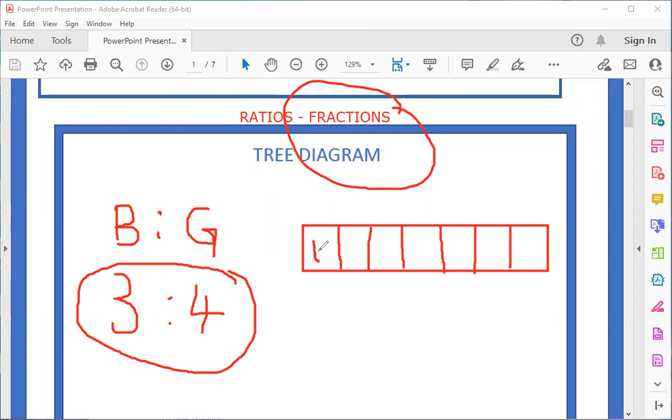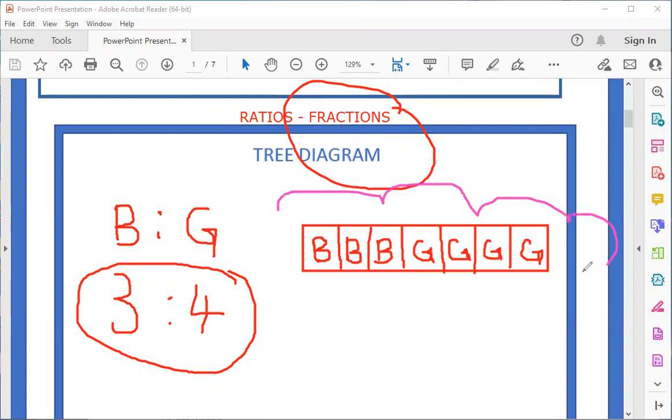So 3 parts are blue. Blue, blue, blue. And then 4 parts are green. Green, green, green, green. Can you see? This is very similar to your topic of fractions. Now, if I asked you, what is the fraction of blue?